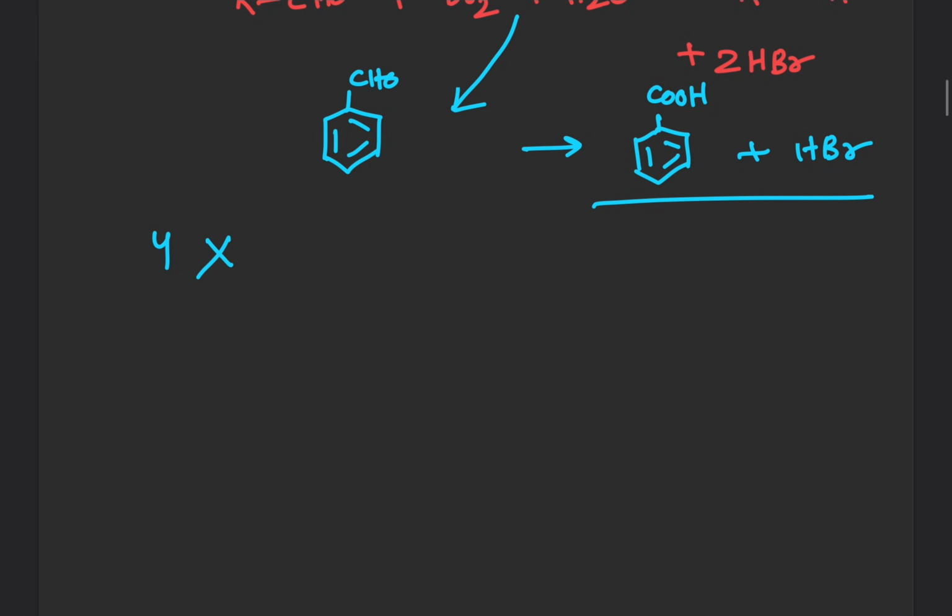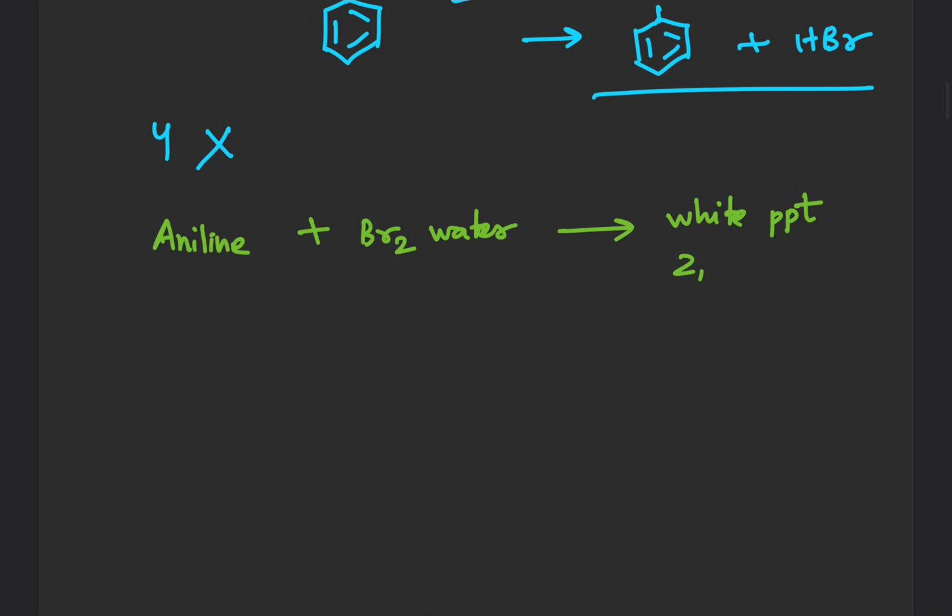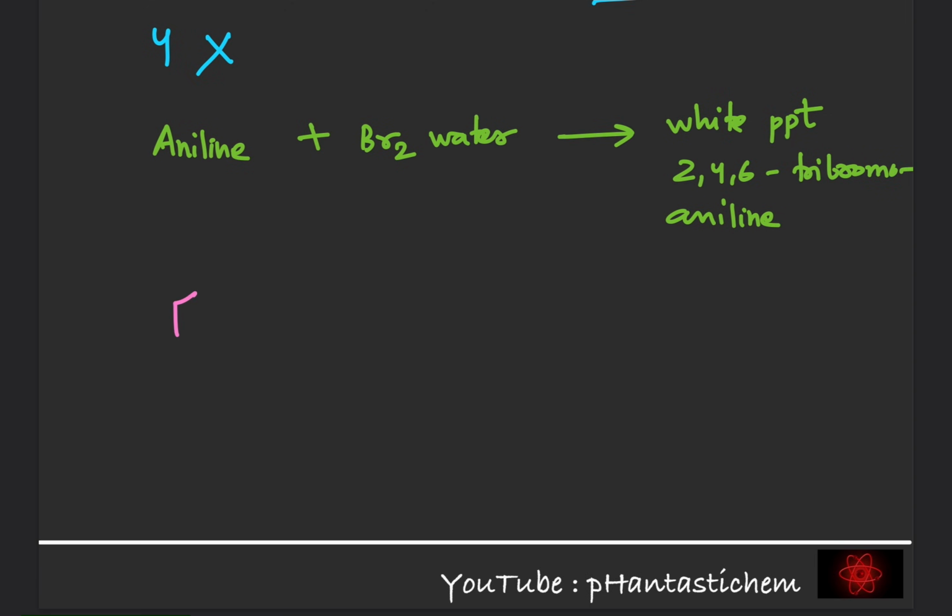Extra information: it's actually aniline that reacts with bromine water to give a white precipitate of 2,4,6 tribromoaniline. Very important. With respect to reactions, I can write aniline as NH2 plus Br2.